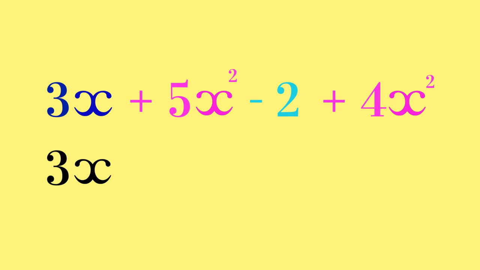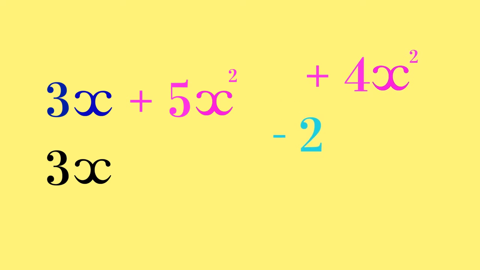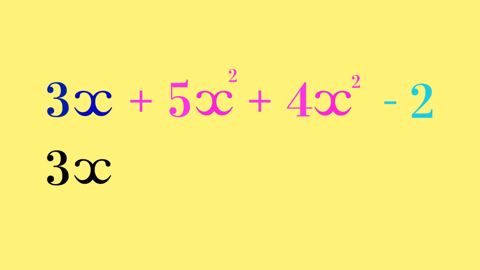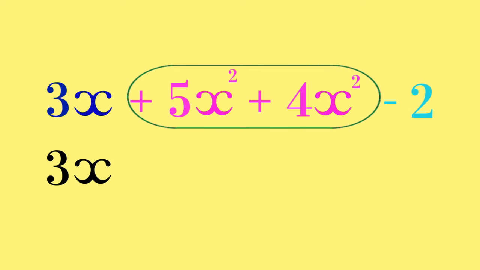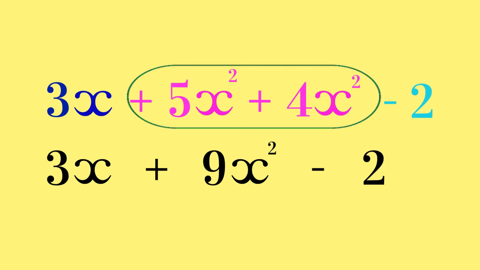But add 5x squared and add 4x squared are like terms, so we can add them together to make add 9x squared. The term subtract 2 is also by itself, as there are no other numbers. So that gives us the simplified expression of 3x add 9x squared subtract 2.